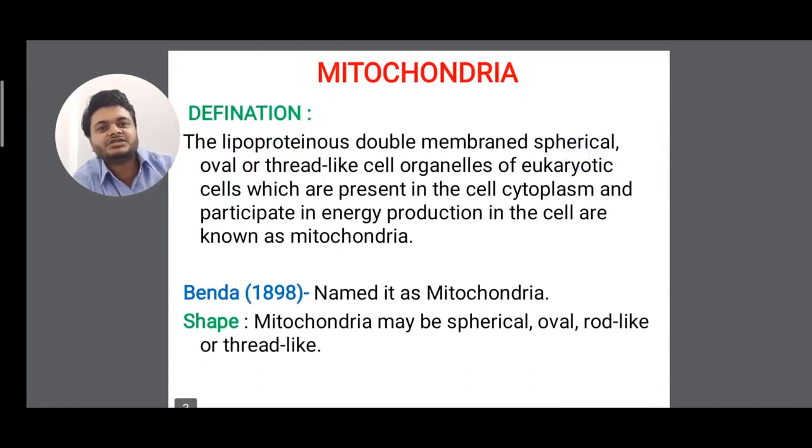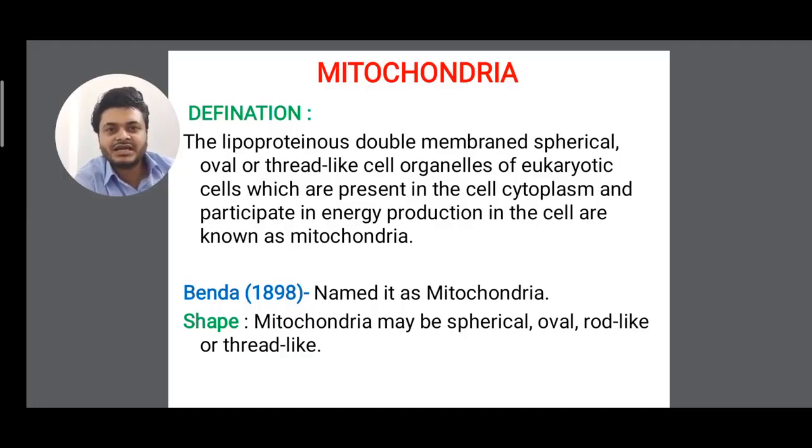So what is the definition of mitochondria? Mitochondria is also called a semi-autonomous cell organelle. Why? I'll come to that. The definition: the lipoproteinous double membrane spherical, oval or thread-like cell organelle of eukaryotic cells, present in the cell cytoplasm and participating in energy production in the cell, is known as mitochondria.